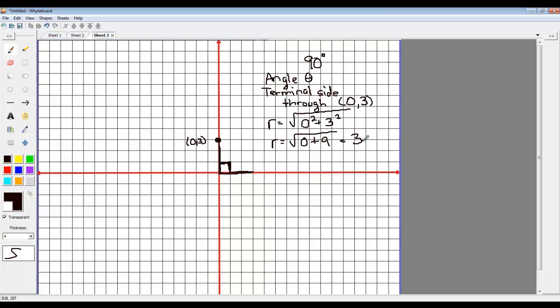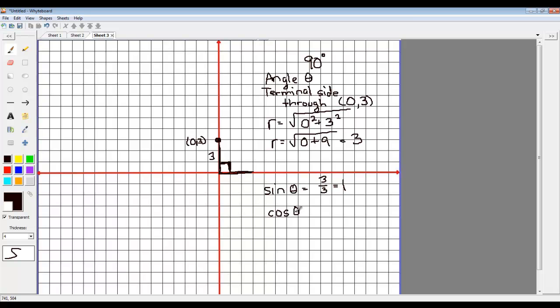And then we can use that to find our numbers. We can go through and say, okay, in that case, we got the distance of 3 here for r. Go back to our values with our sine, cosine, tangent, all of our ratios. We know that sine is y over r, so sine of theta is going to be 3 over 3, or 1.